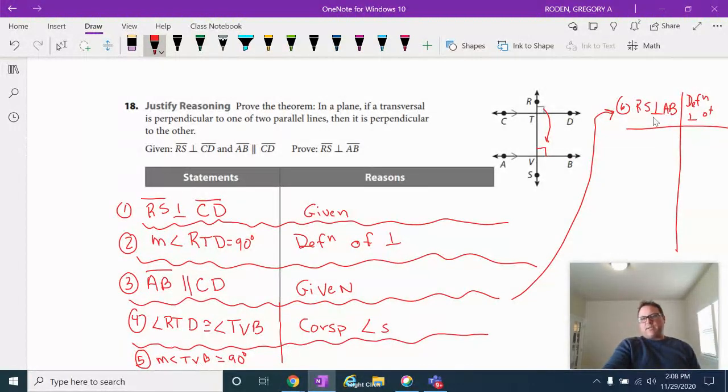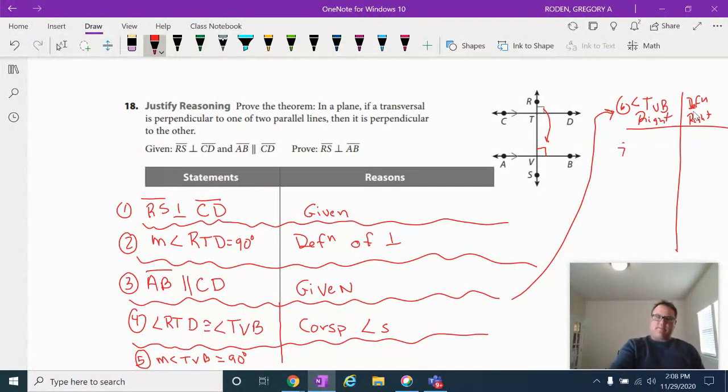We might want to actually take another step here. We can now say that angle TVB is a right angle. We probably want to say that before, and the reason we can say it's a right angle is the definition of a right angle. If they have a measure of 90 degrees, then it's a right angle.